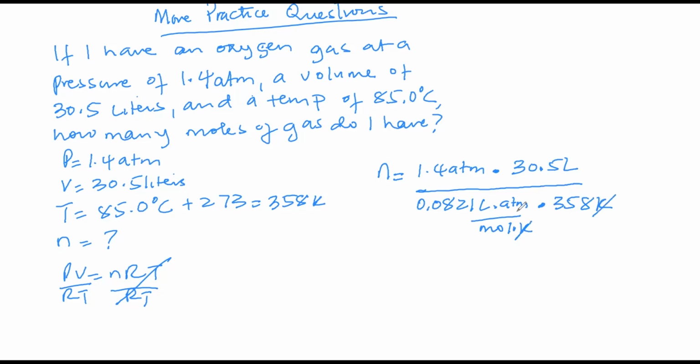So atmosphere cancels out, liter cancels out. We are left with moles. Remember, this is in the denominator, so it has to flip. So our n, after all that, will be 1.5 moles.